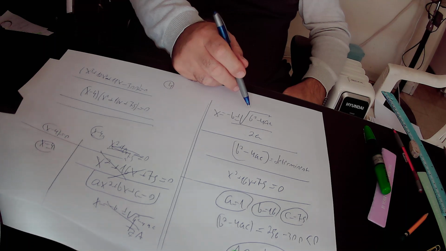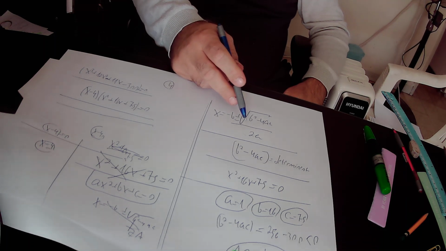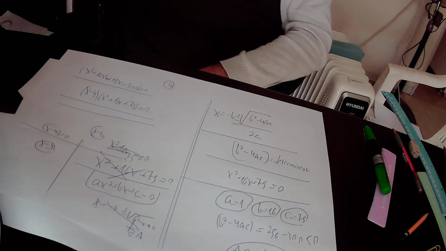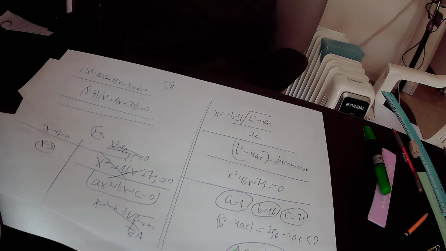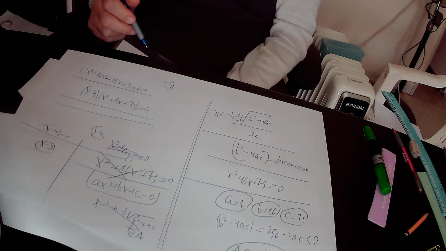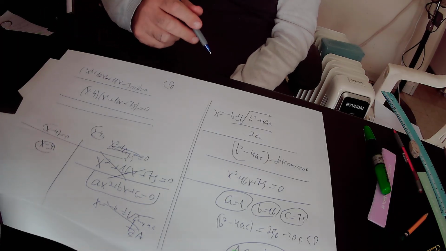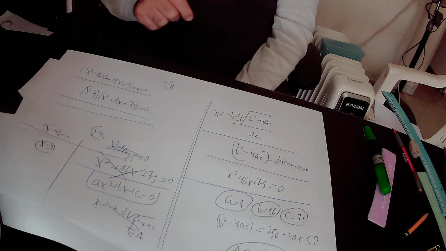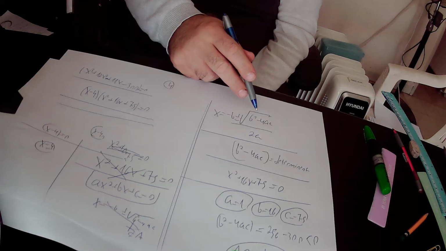The expression inside the root, that's actually b squared minus 4 times a times c, is the determinant of the quadratic equation.